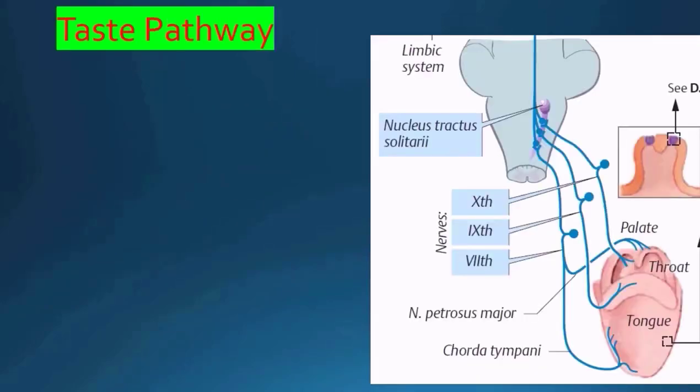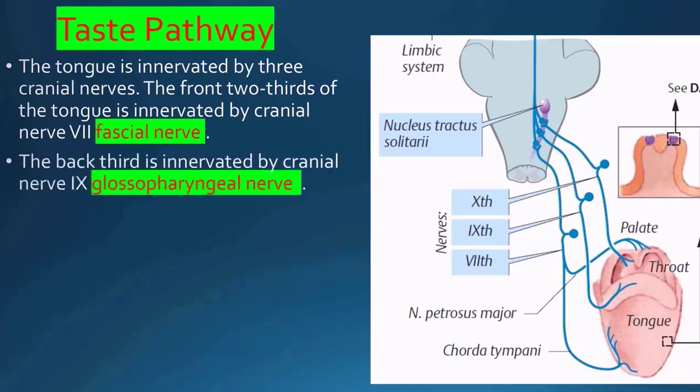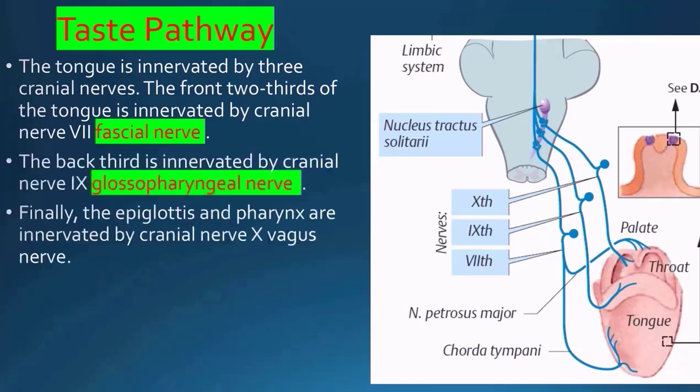Taste pathway. The tongue is innervated by three cranial nerves. The front two thirds of the tongue is innervated by cranial nerve 7, called the facial nerve. The back third is innervated by cranial nerve 9, the glossopharyngeal nerve. Finally, the epiglottis and pharynx are innervated by cranial nerve 10, which is called the vagus nerve.